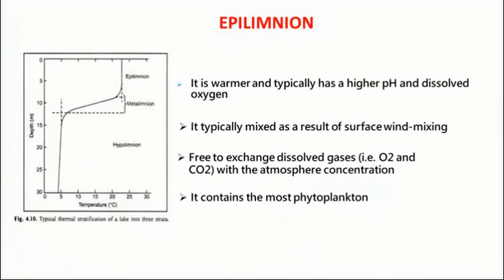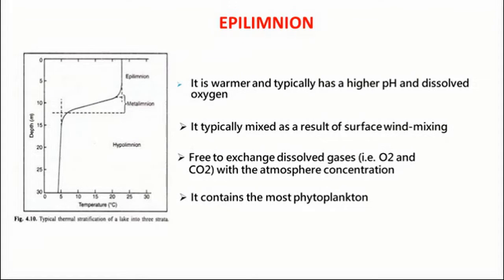Epilimnion, if we go in detail, it is the warmer and typically has a higher pH and dissolved oxygen. This area has warmer temperature and typically high pH as well as dissolved oxygen. So why this dissolved oxygen? High dissolved oxygen, because the water surface is always mixed with the wind of the surface.